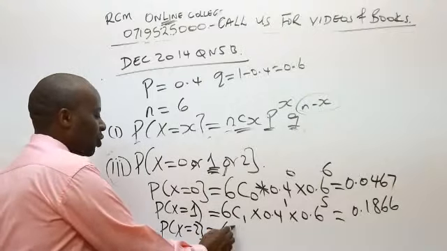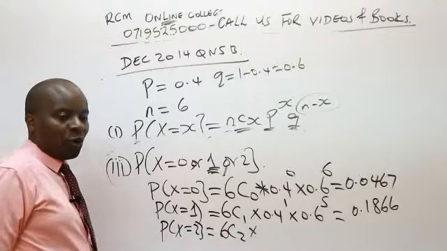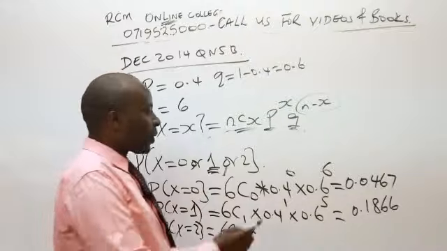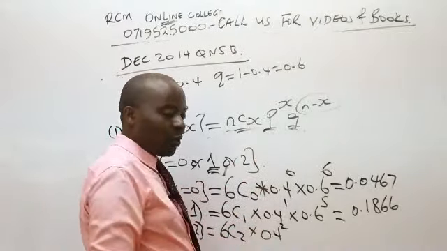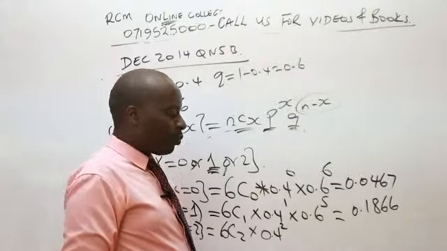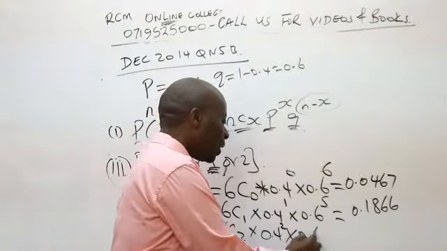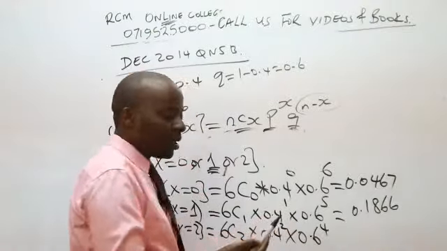And now we have probability of X being equal to 2. So this will be 6 combinations 2. I hope you are able to follow. We have probability of success, which is 0.4 raised to power 2. 0.6 this time around will be raised to power 4, given the concept of balancing.